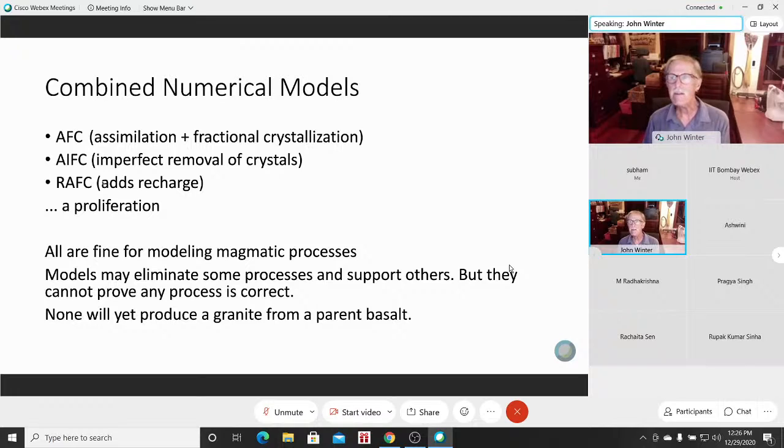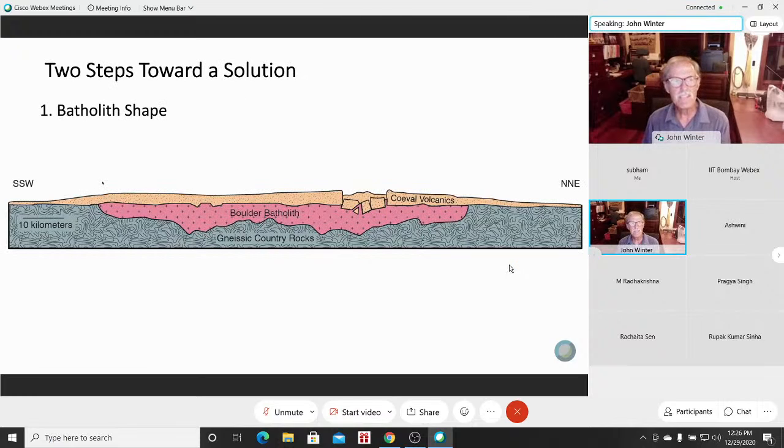I could end here and be early, I think, by saying, well, you just don't get granites, but we see them. So there's two steps toward a solution. One is we realize that the batholiths don't have the shape I showed you earlier, that they just keep getting bigger with depth. This is what the Boulder batholith looks like in central Idaho, based on some pretty good seismic imaging.